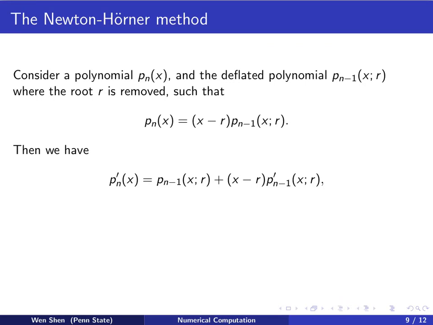Recall that in Newton's iteration, we need the derivative of the function Pn. Let's differentiate. The derivative of Pn by the product rule equals: differentiating this term gives me 1, then I copy the P_{n-1} down here, and then plus keep this term, and I differentiate the P_{n-1} term.